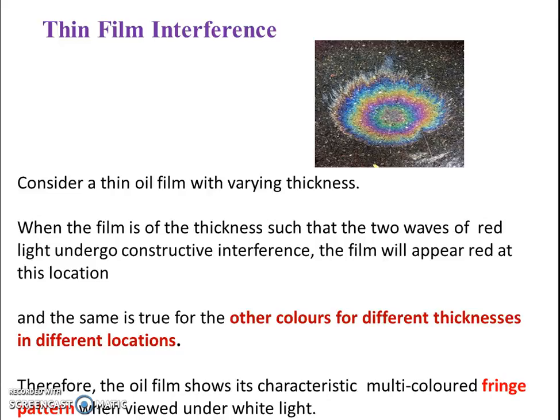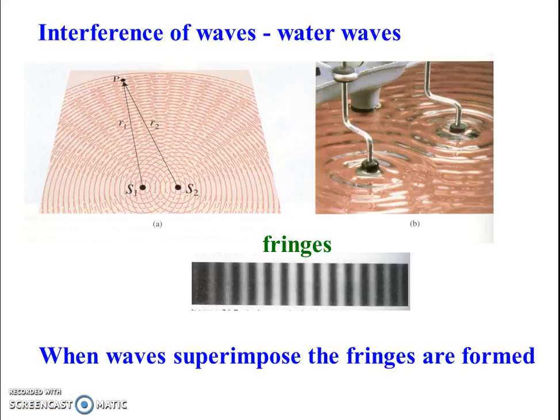Therefore, the oil film shows its characteristic multicolor fringes when viewed under white light. This figure is showing an example of such oil film interference.